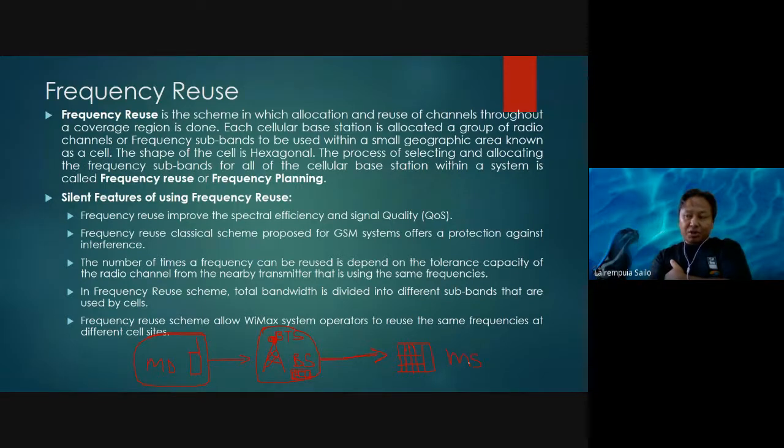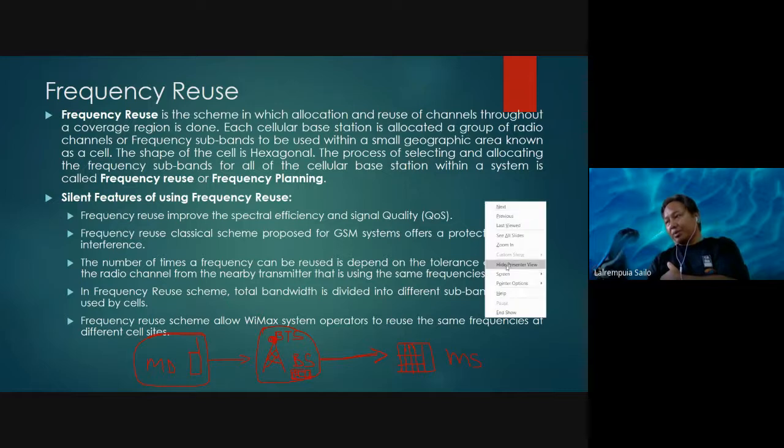And the switching and transmitting of the frequency and the channel, everything is done in the BS, base station. And the last one is your mobile device. Your mobile device is the main communicating equipment for the person who is using the services. I hope that you are clear on this point. Yes, sir.